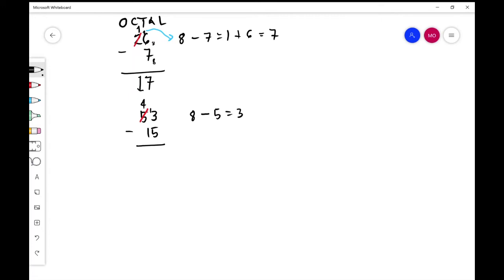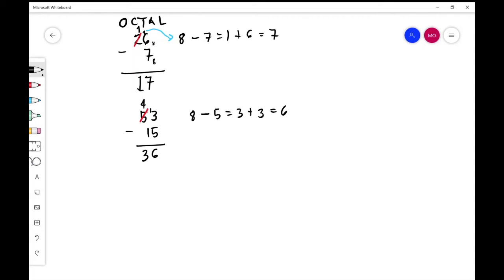And then add whatever we left in the minuend. So that's 3 plus 3 is equal to 6. Again, 13 minus 5 is equal to 6 in base 8. And then finally, 4 minus 1, you get a 3. Therefore, 53 base 8 minus 15 base 8, you get a 36.